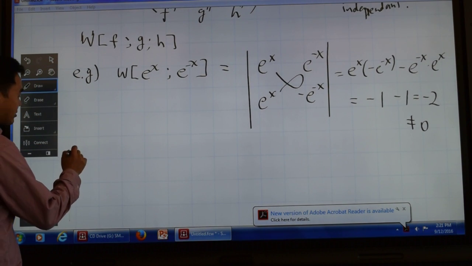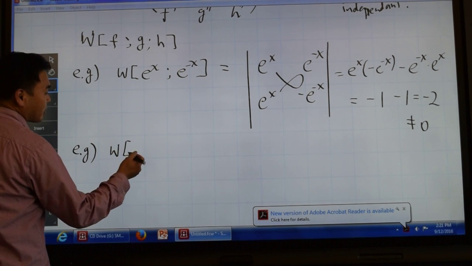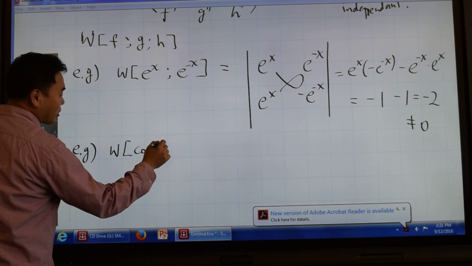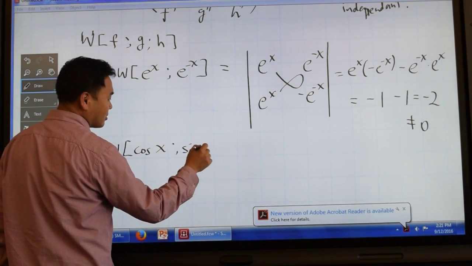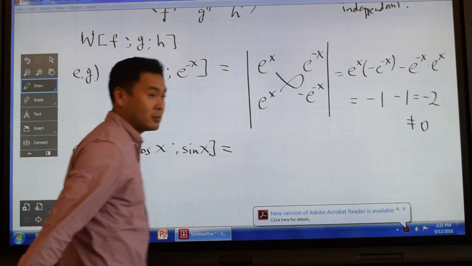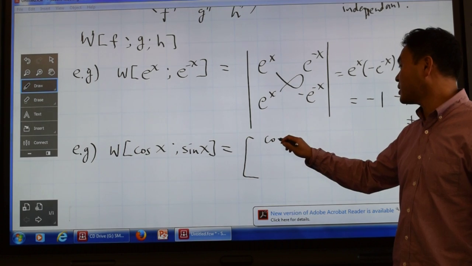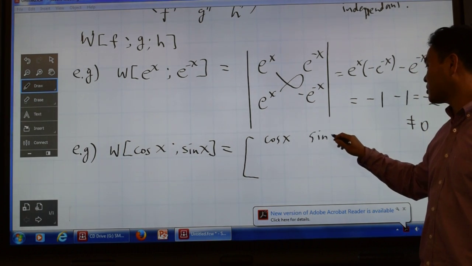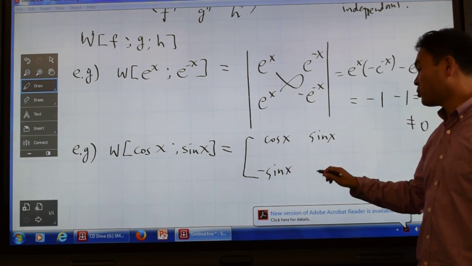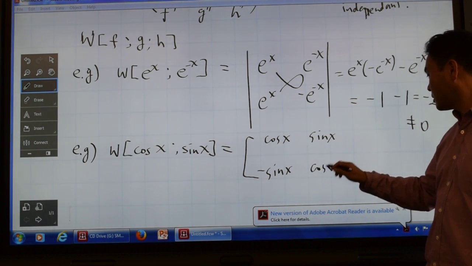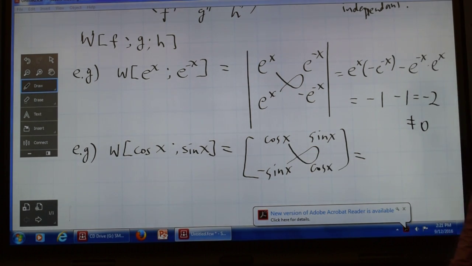Okay, here's another example. What if we are suspicious of whether cosine x and sine x are different? We take cosine x, sine x, differentiating cosine, you get negative sine, differentiating sine, you get cosine, right? What's that?